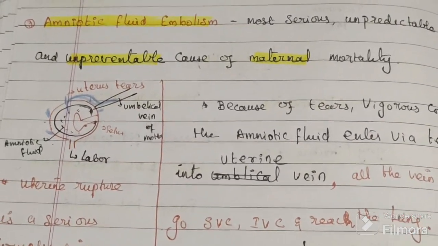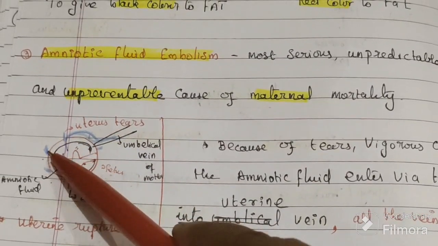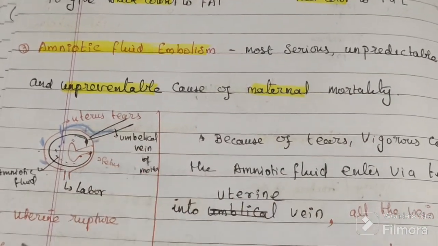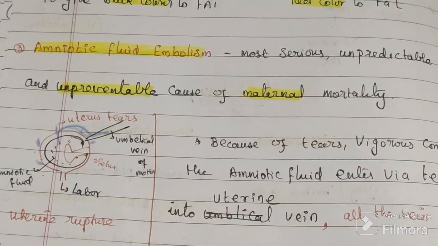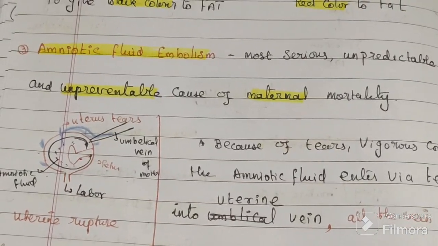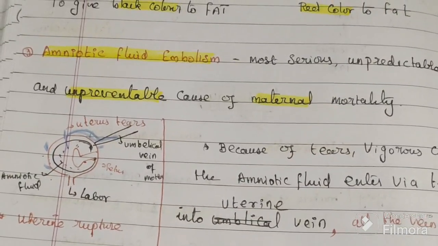So the uterus can have tears, in the myometrium, and this is the umbilical vein.